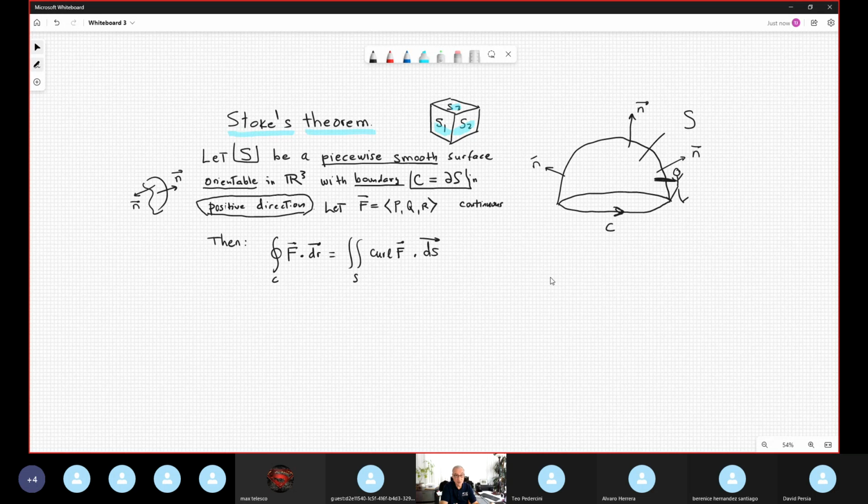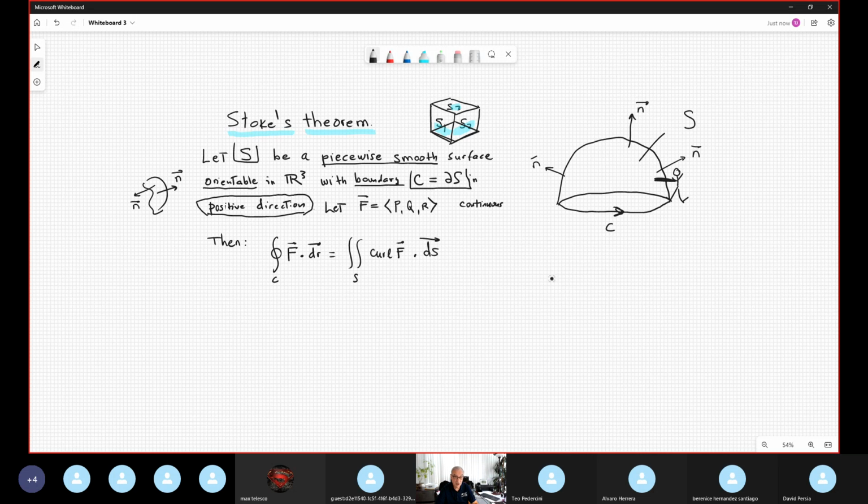Depending on the problem, we can solve it using the line integral or the surface integral. Obviously, if our surface is complicated, maybe it's much better to do it by line integral around the boundary, because the surface is too long, with different faces. It depends on the problem.